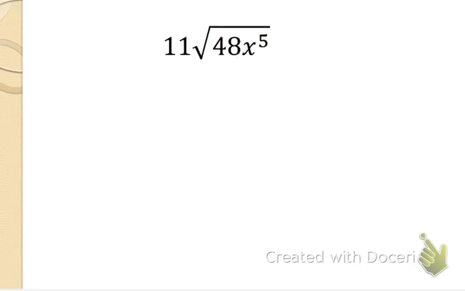Next one. Here we have a combination of everything. So let's start off with the 48. I'm going to start with a number bigger than 2. Let's try 4. 4 and 12. So 4 can be broken down into 2 and 2. 12 can be broken down into 4 and 3. And then 4 can be broken down into 2 and 2.